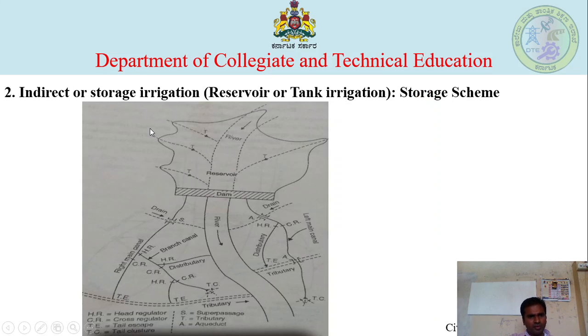Next, indirect or storage irrigation. This is also called reservoir or tank irrigation. See here, this is the river. Across this river, we are going to construct one dam. On the upstream side of the dam, there is a creation of the reservoir or lake.